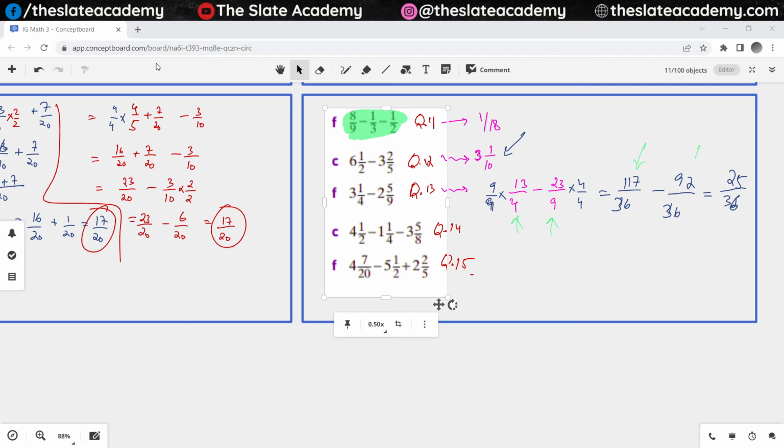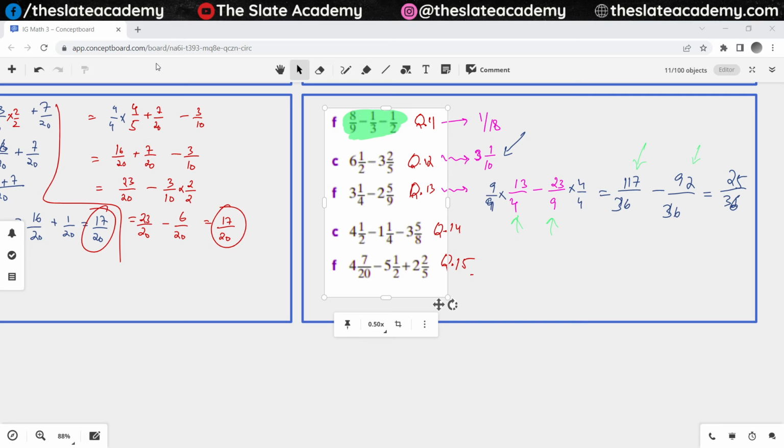For the second one, I get minus 92 by 36, right? Now the denominators are the same, so I write 36 in the denominator. 117 minus 92 would be 25, not 125.